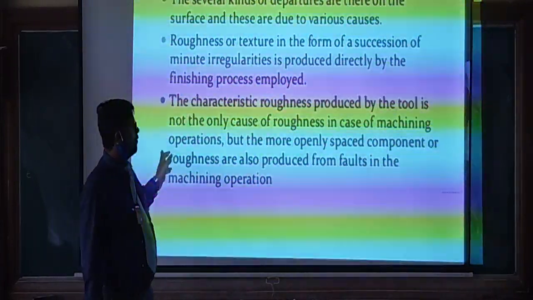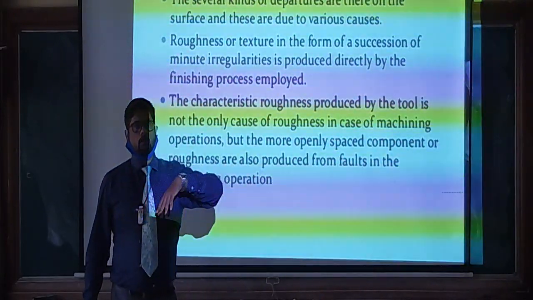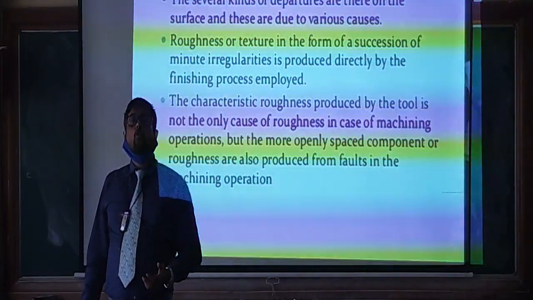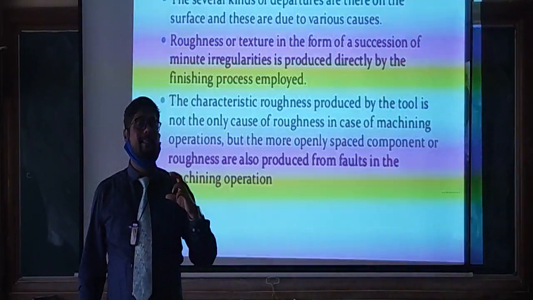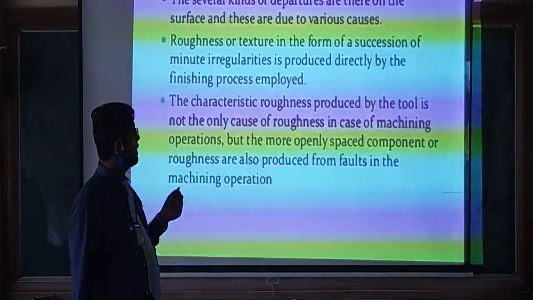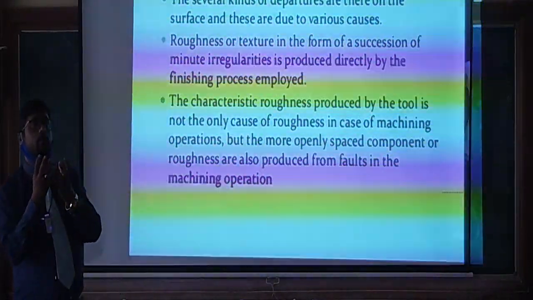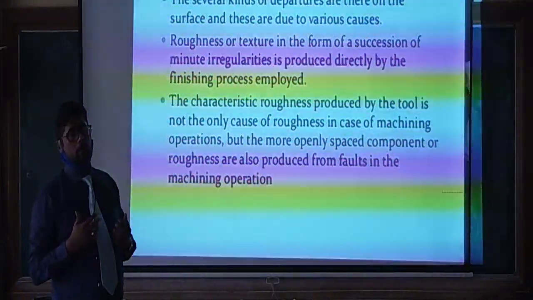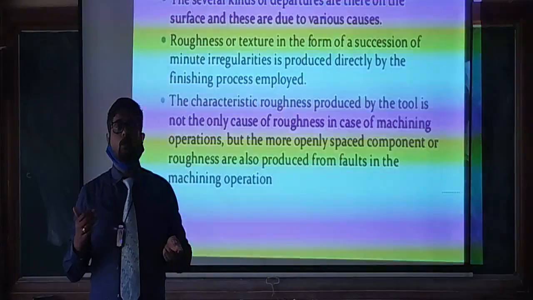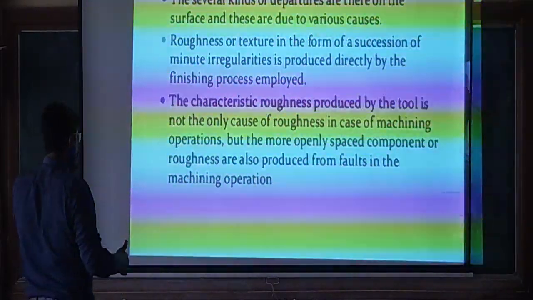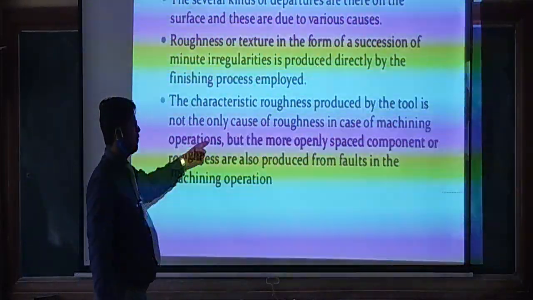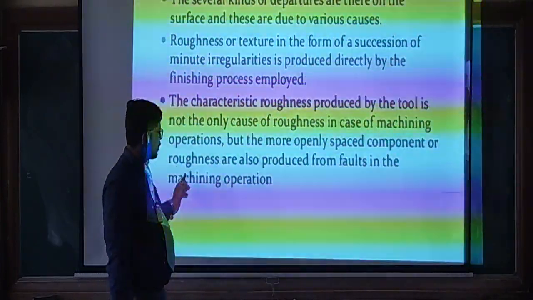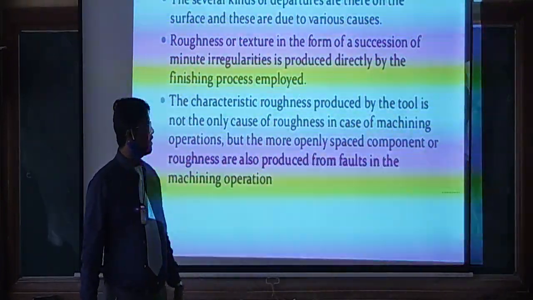Yes, more openly spaced components: how you are going to hold the component, how rigidly you are holding the component with the help of a fixture, to avoid vibrations and to avoid the chattering mark of the tool once machining has started. So more openly spaced components of roughness are also produced from faults in the machining operation.